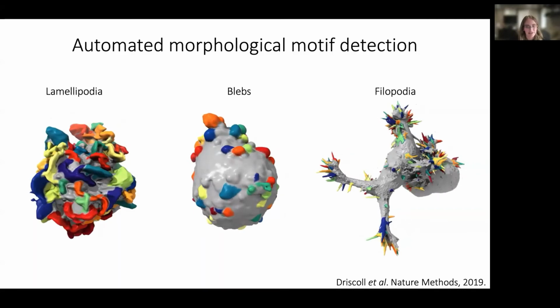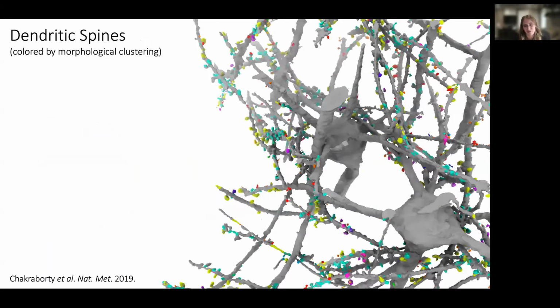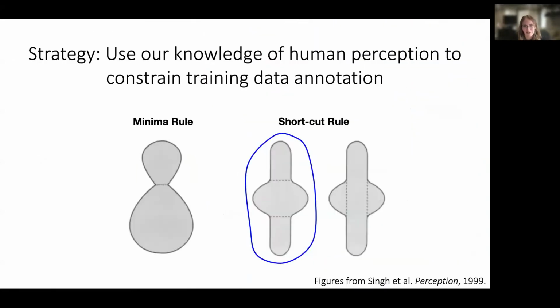Here are yet more: these are dendritic spines on neurons, and here I also clustered the spines by cell shape. Since there are so many different types of these structures, I use machine learning to identify them.